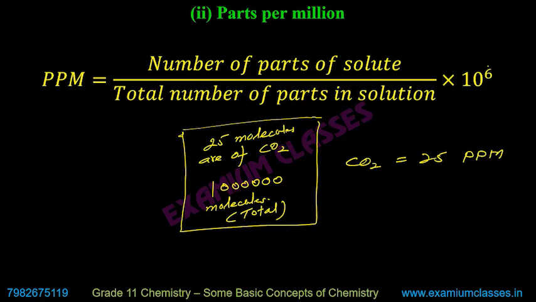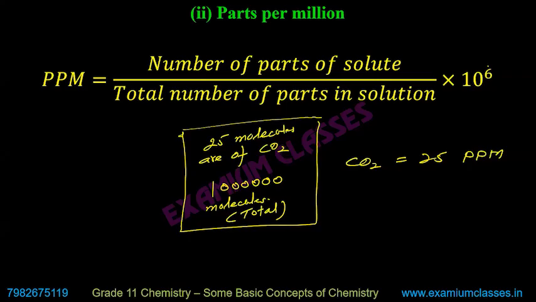Means if we have 1 million parts, out of which 25 parts are of carbon dioxide. So concentration of CO2 is 25 parts per million, 25 in 1 million parts. So it is just unitary method you will apply in such questions.